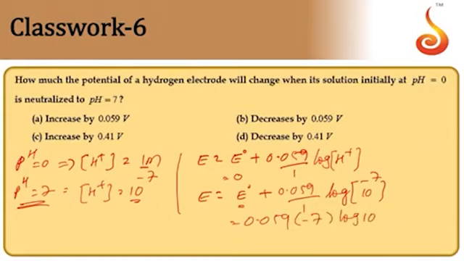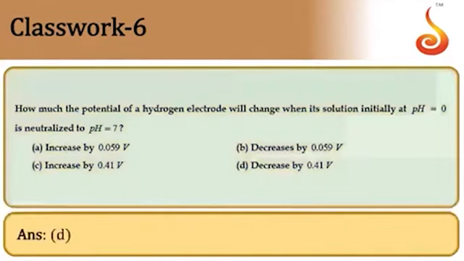Log 10 is 1, so minus 7 into 0.059. The value comes out to be minus 0.413. The initial value is 0, and now the value is minus 0.413, meaning the value decreases by 0.413. So it decreased by 0.41. So the answer is option D.